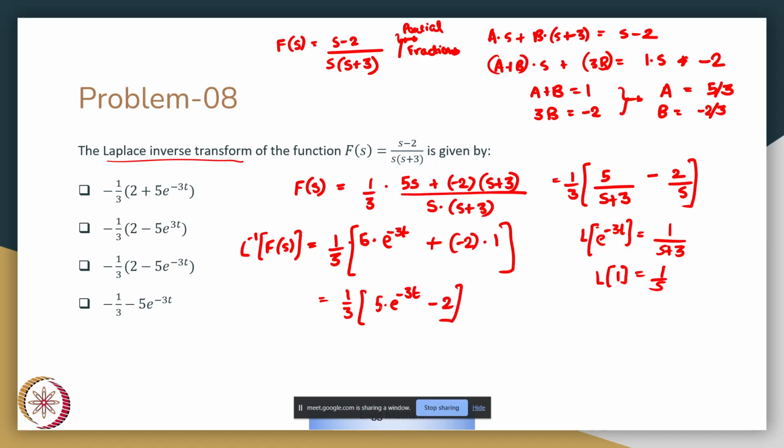If I take a minus 1 outside, it's 2 minus 5 into e raised to minus 3t, which looks like option C. So that was another example of Laplace inverse transform.